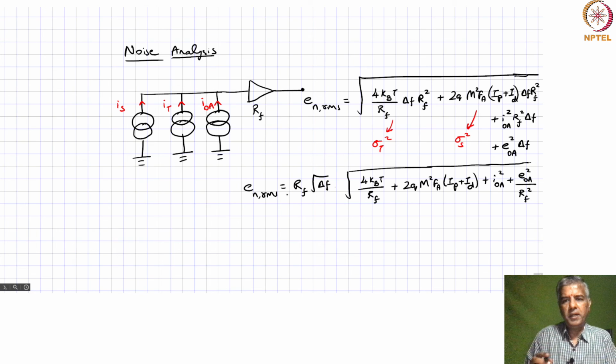So this actually is representative of all the noise sources as far as your optical receiver is concerned.